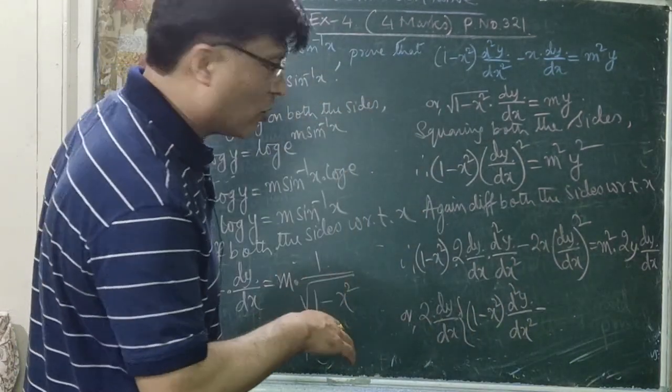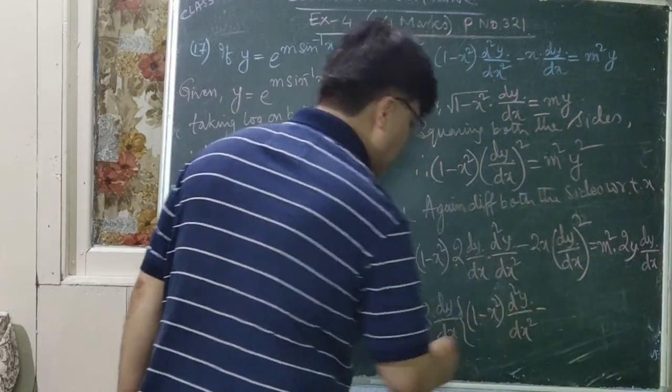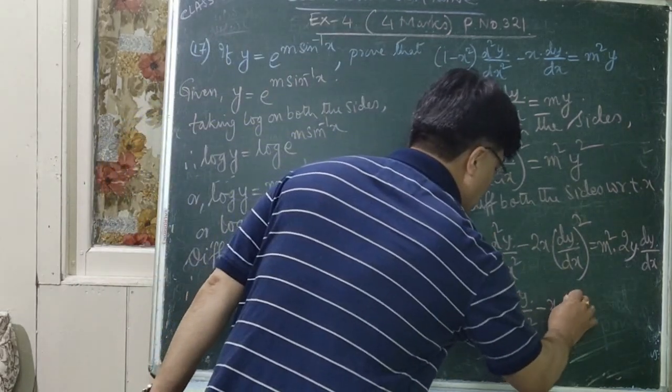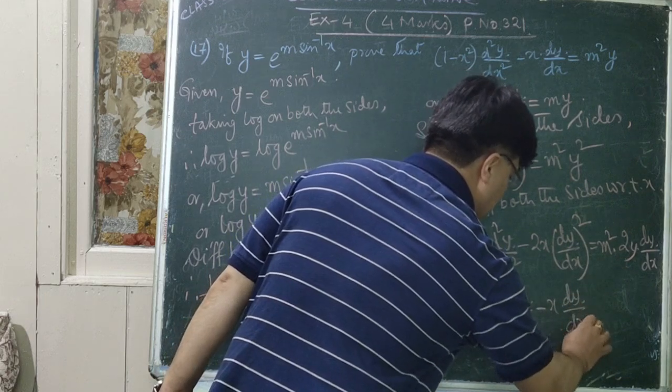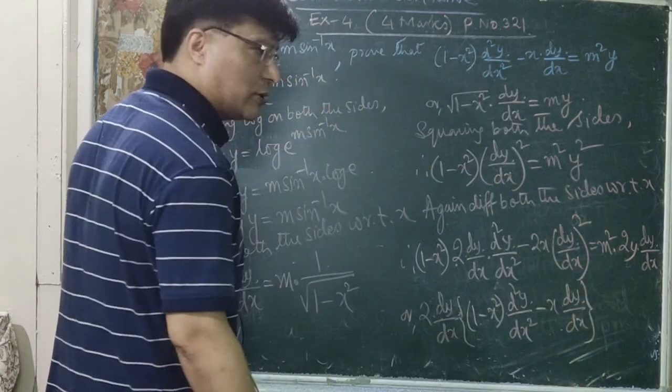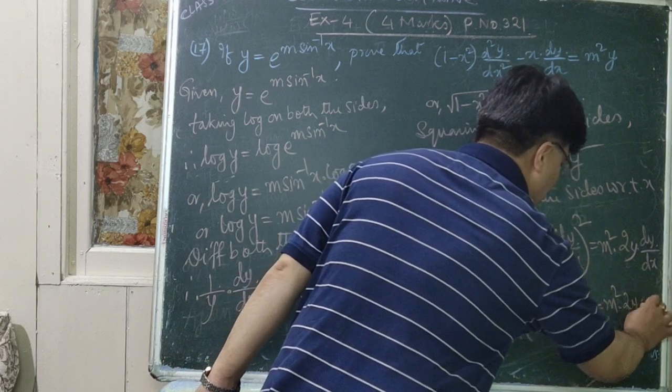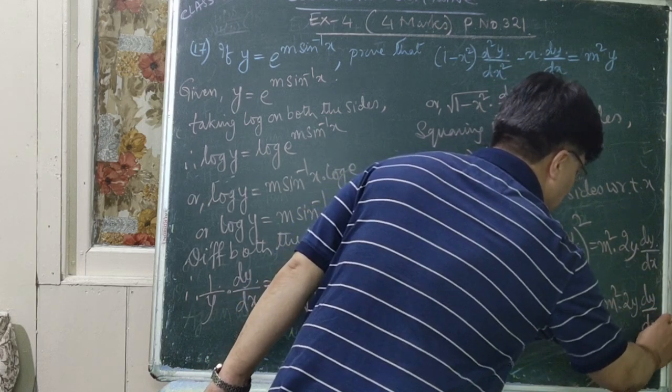So what is the remaining term here? It is x into dy by dx. The second bracket is closed, which is equal to m square into 2y into dy by dx.